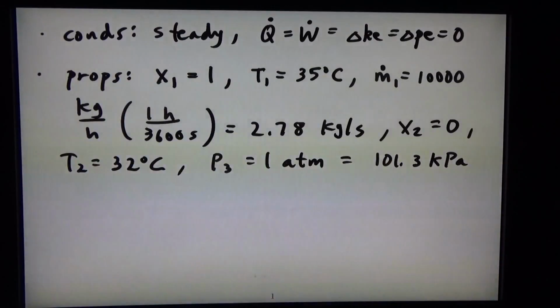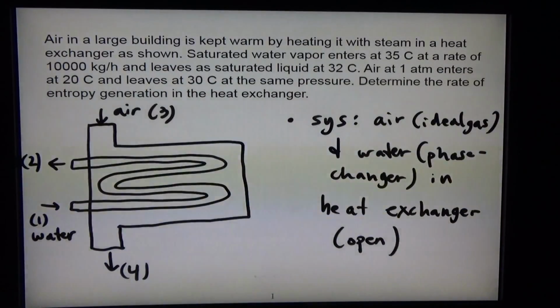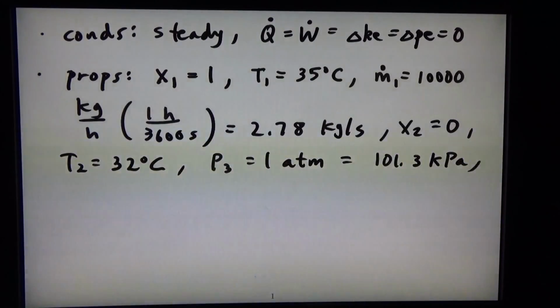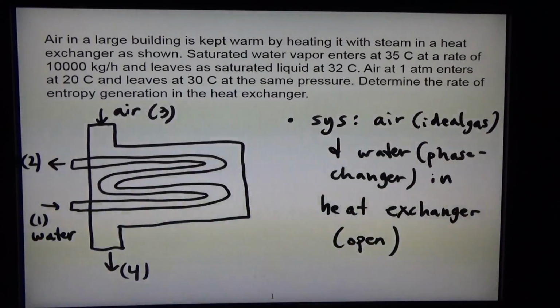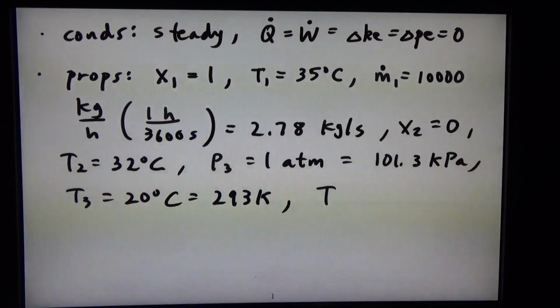The entrance temperature for the air is 20 Celsius, so T3 is 20 degrees Celsius or 293 Kelvin. The exit temperature for the air is 30 Celsius, so T4 is 30 degrees Celsius or 303 Kelvin.